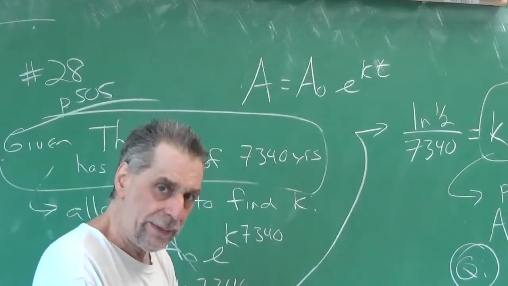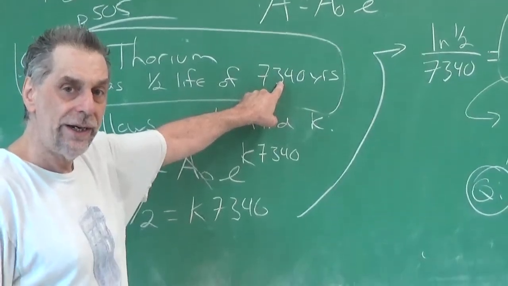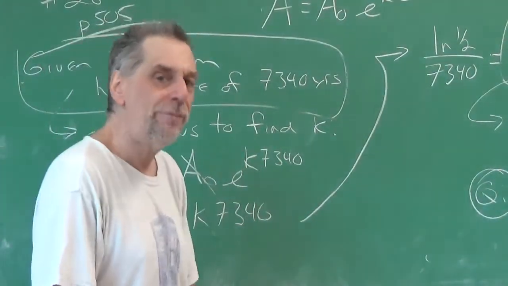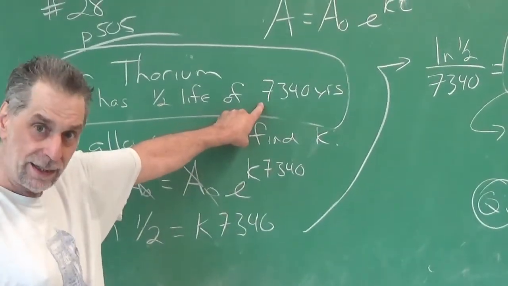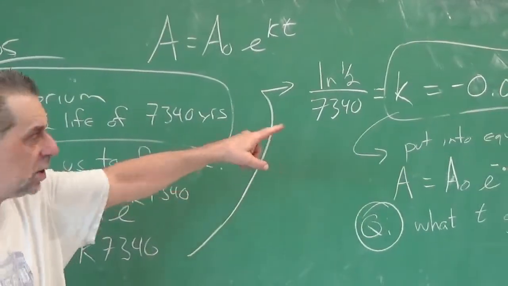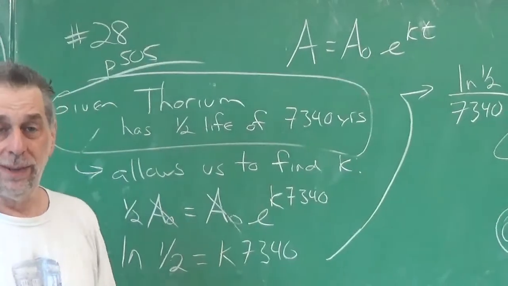Then of that 50%, after another 7,340 years, 50% of that 50% is gone, so there'll be 25% of the original amount left after twice this amount of time. So we have even less than 25%. So our number has to be more than twice this, which it is, so it makes sense.